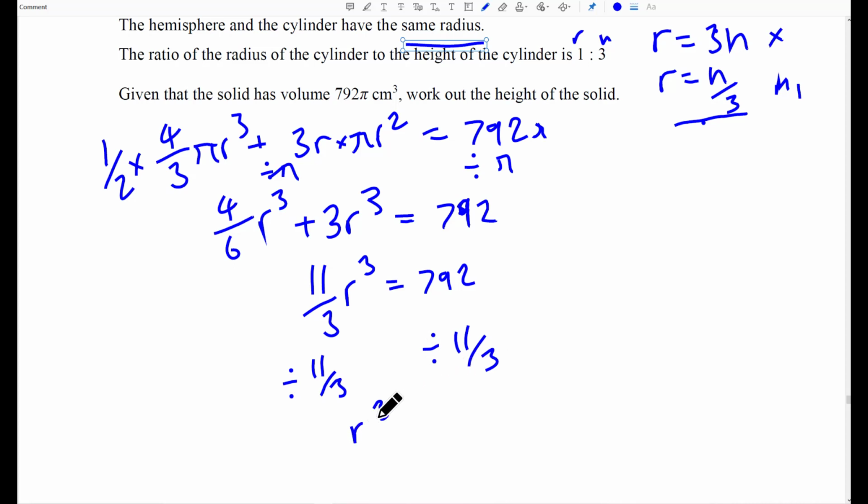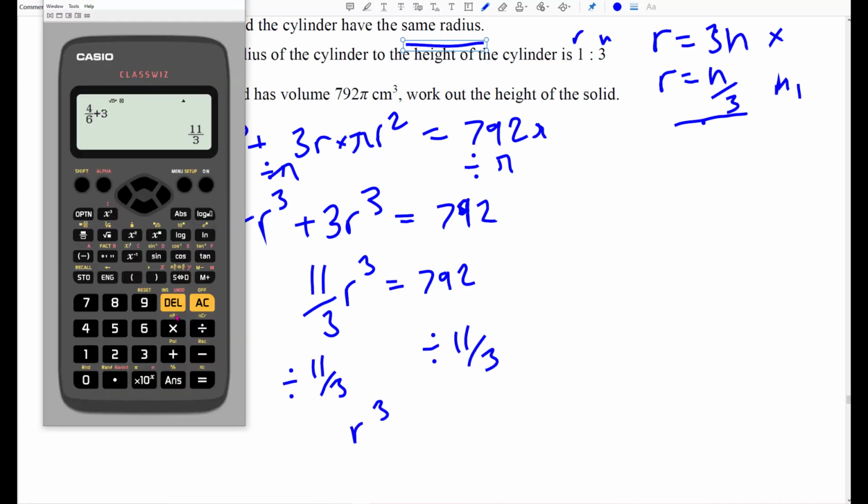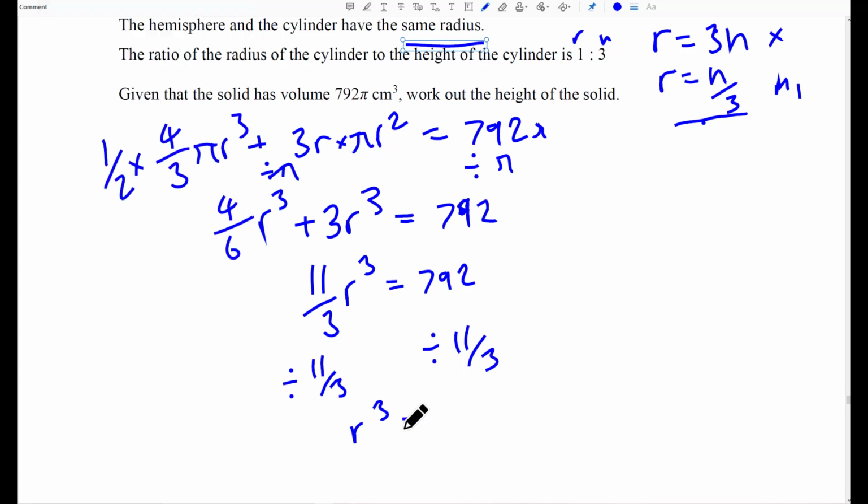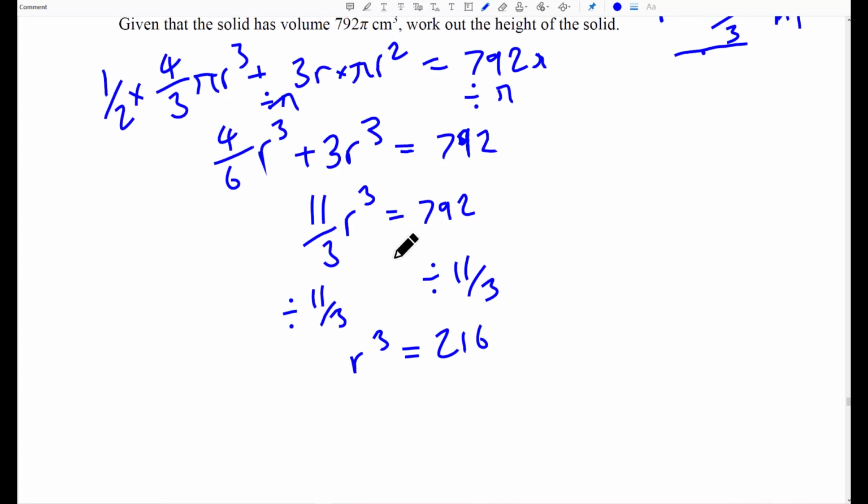So r cubed is going to be 792 divided by 11 over 3. That's 216, so we're going to get a really nice number for r, and that should be 6. So r equals the cube root of that.